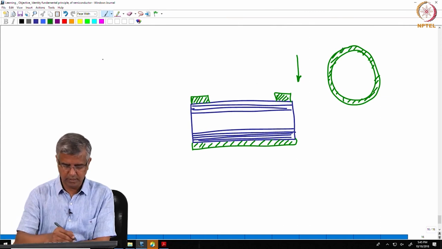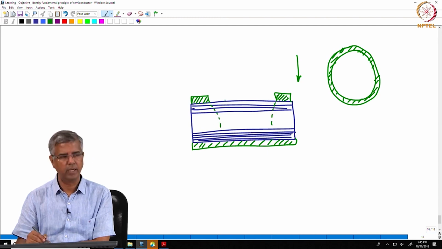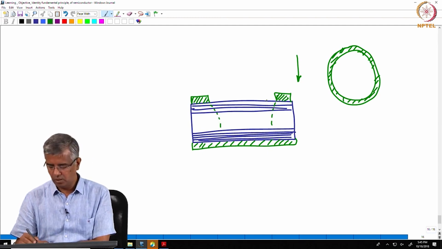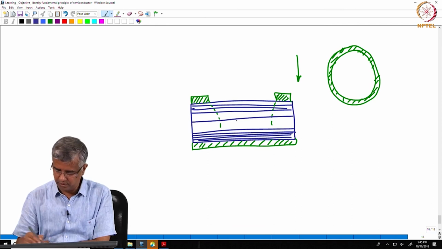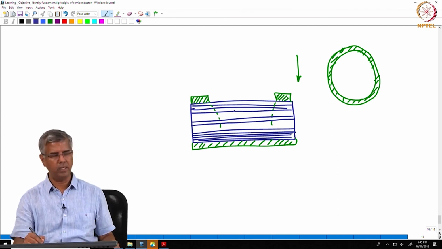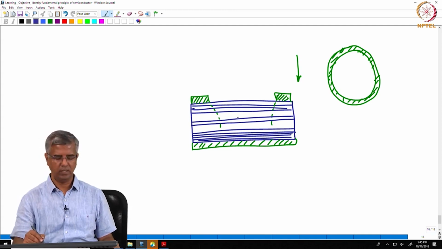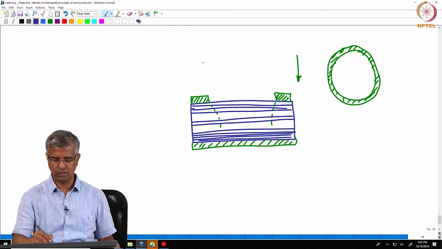So, your current injection is essentially happening across this entire region, right. So, once again you have an active layer here where all the recombination is happening, and then it is actually reflected by this top mirror and the bottom mirror. So, the laser emission actually happens in this direction.